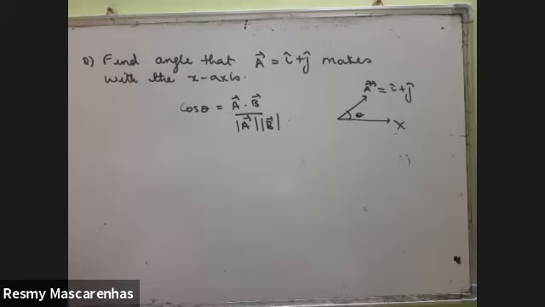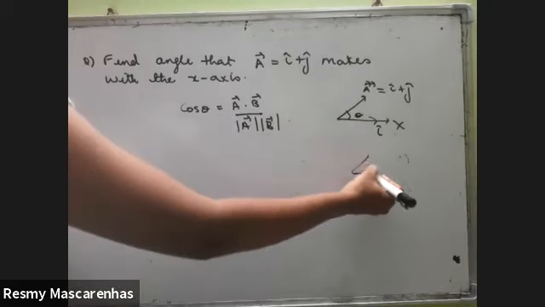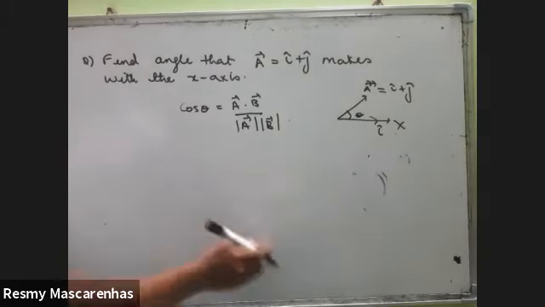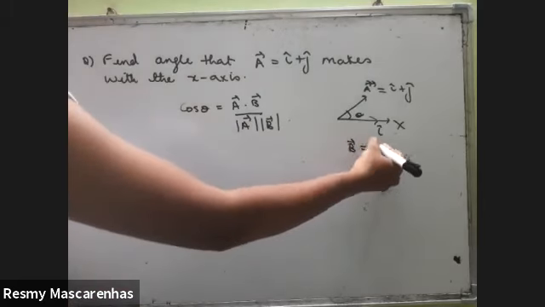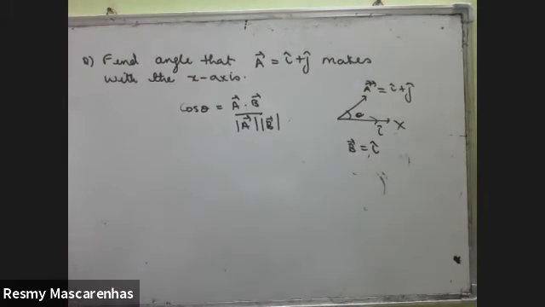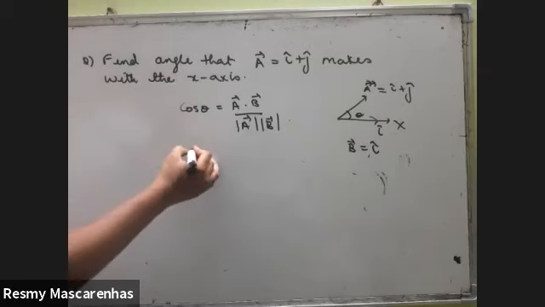So along the x-axis it would be i. Even if the y-axis or z-axis was given, the only difference would be that the y-axis would have j and the z-axis would have k. So for the y-axis it will be j. So your b bar will be only one thing, that is i. So substitute here.